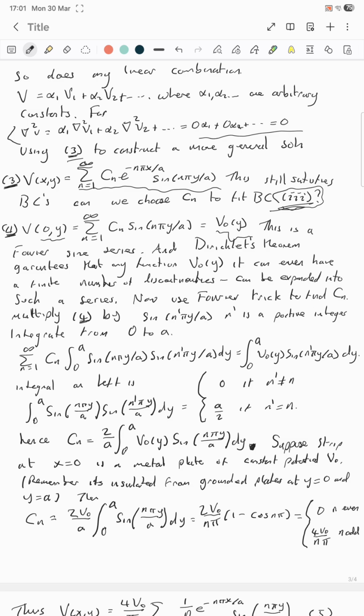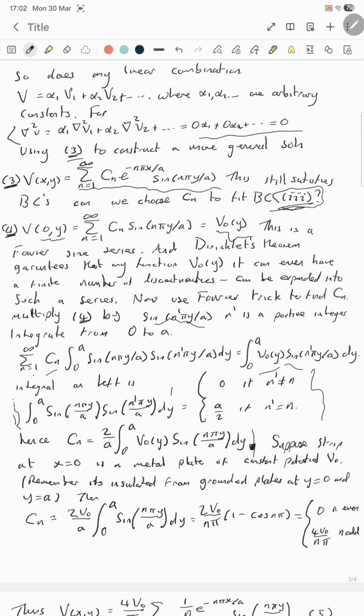We multiply equation 4 by sine of n prime pi y over a, where n prime is a positive integer, and we integrate from 0 to a. So we'll get this. The integral on the left is this, which has solutions here. So our C of n is this.